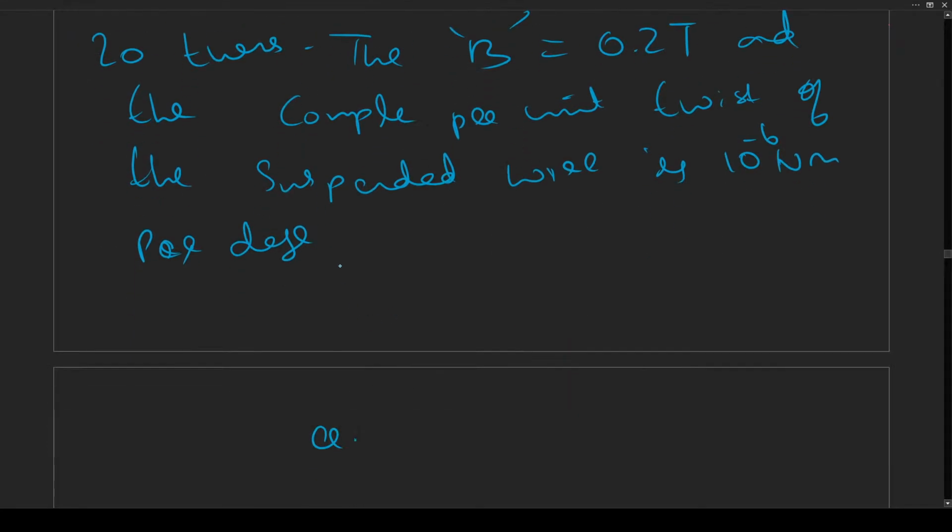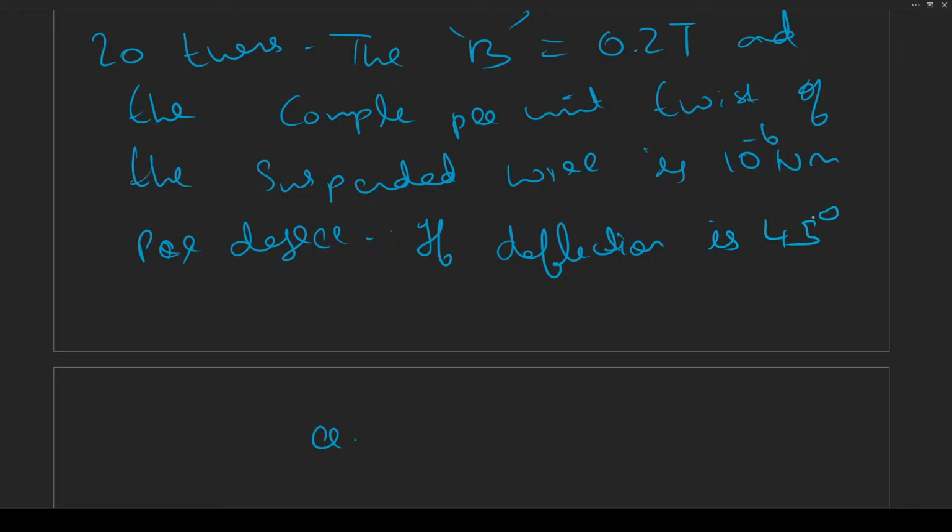If the deflection is 45 degree, calculate the current passing through it.